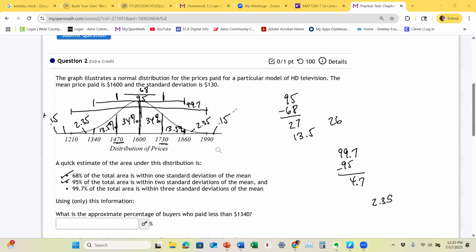So each one of these things asks what's the approximate percentage of buyers who paid less than 1340. So that's going to be 2.35 plus 0.15. You just figure out which things to add up.